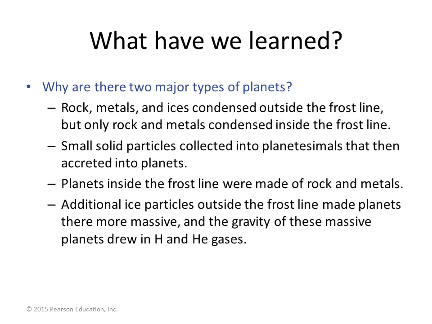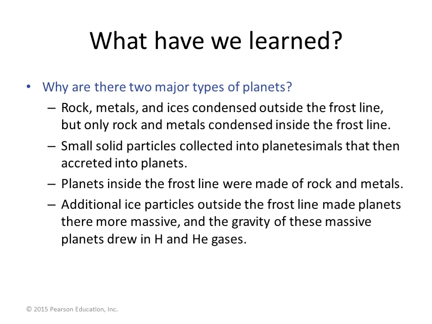Why are there two major types of planets? Well, the rock, the metal, and the ice condensed outside the frost line, but only rocks and metals condensed inside the frost line. Small solid particles collected into planetesimals that then accreted into planets.